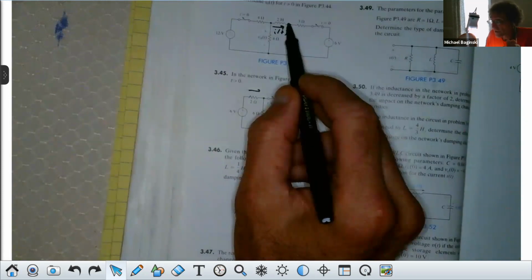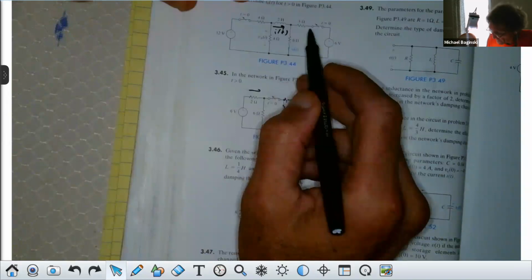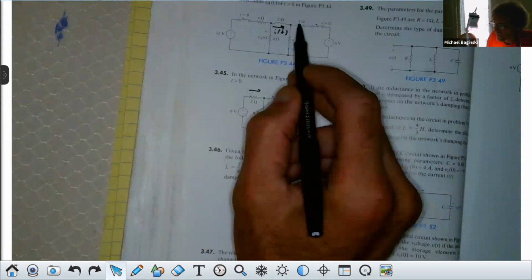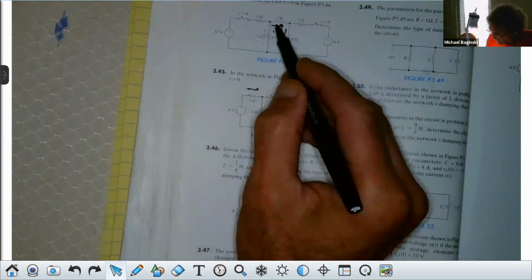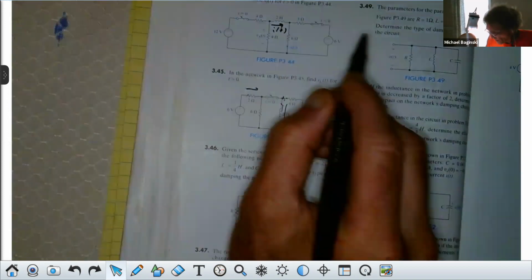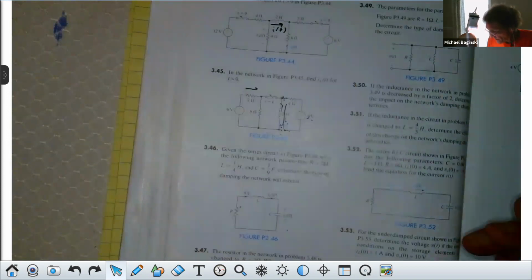but the way I would do this, and this should start clicking with you, I would do source transforms, and here's why. Now listen carefully. When this is a short circuit, I know I have 4 and 6 in parallel, right? Really what I want is the current through that 2 henries.